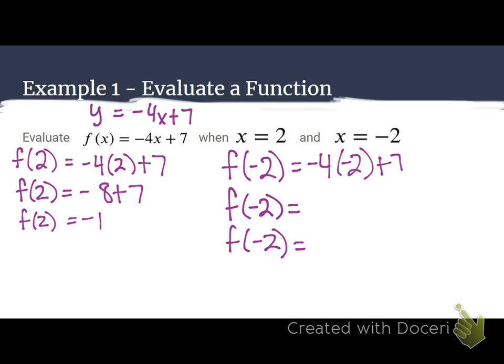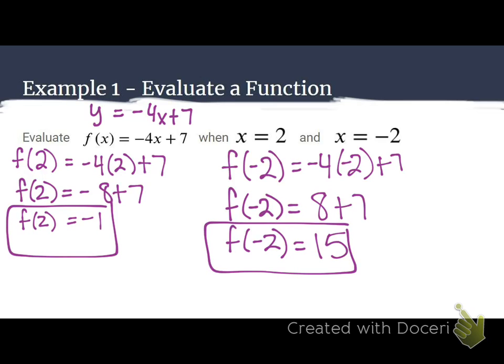But I can simplify the right side. Negative 4 times negative 2 is positive 8. 8 plus 7 is 15. So then we found both of the answers that they wanted: the function evaluated at 2 and the function evaluated at negative 2.